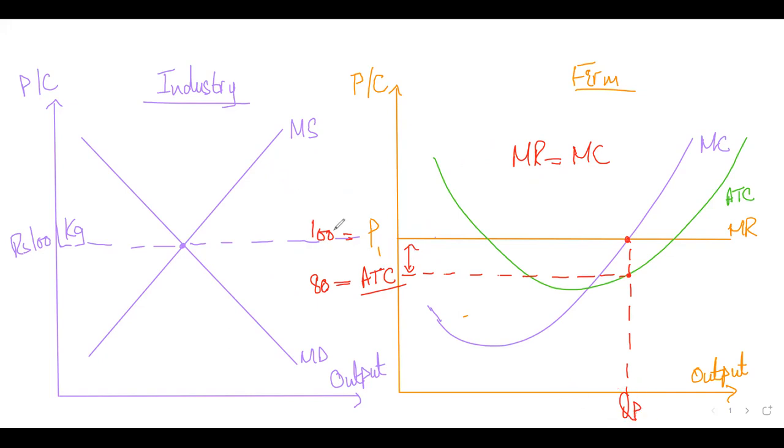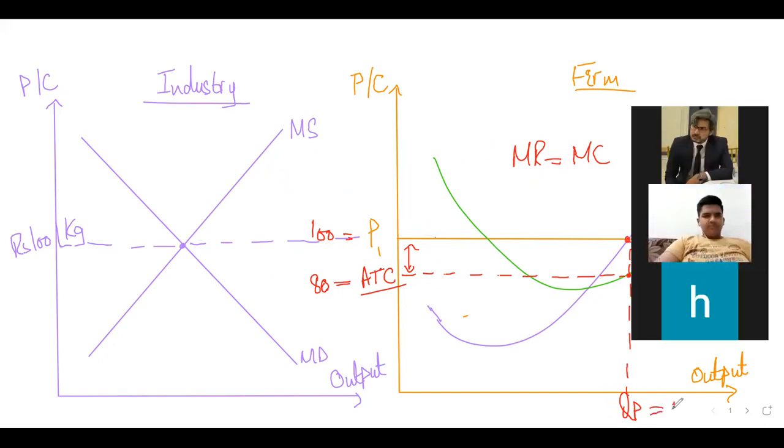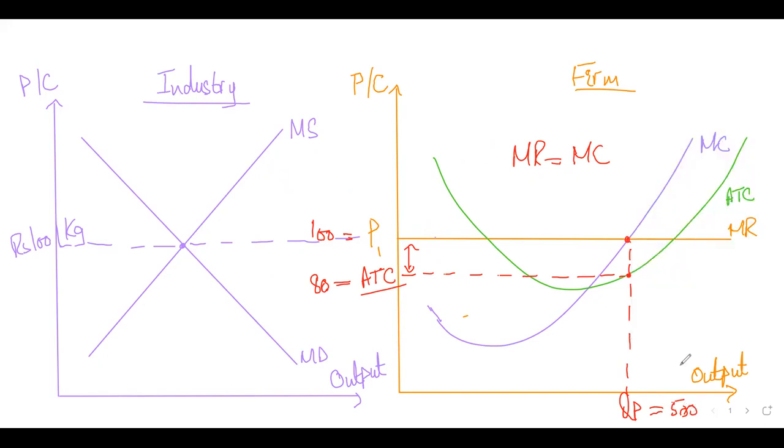If you are making a profit of 20 rupees per unit and selling a total quantity of, let's say, 500, what will be your total profit? 20 times 500 would be how much? That gives you 10,000.